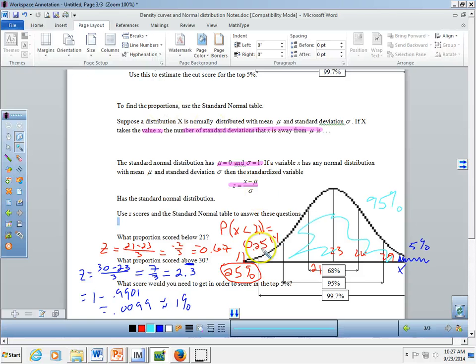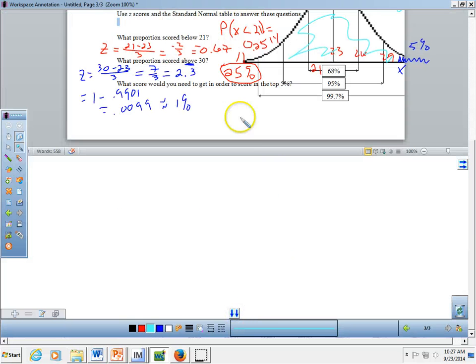So the z-score that corresponds to the score you have to get to be in the top 5% is 1.645. That's your z-score. How do we turn that into an actual test score? Well, we convert back. We use our z-score calculation.